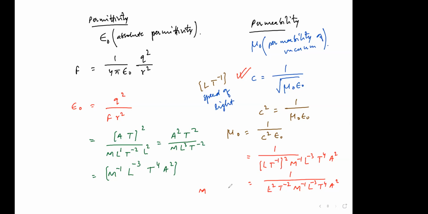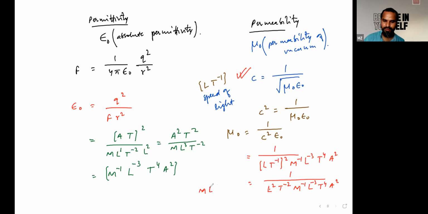You have a mistake here. Okay. Now we have L to the power minus 1 in the denominator. On bringing it to the numerator, it will become plus 1. Similarly, we have T to the power minus 2 here and T to the power plus 4 here, so we are left with T to the power 2. On bringing it to the numerator, it will become minus 2, and A raised to the power minus 2.